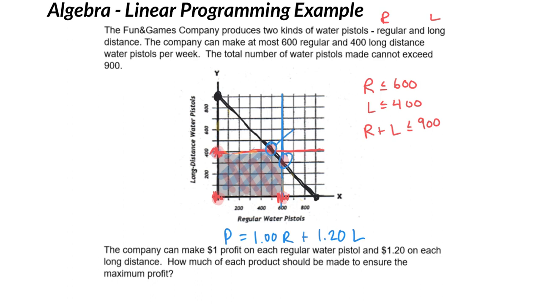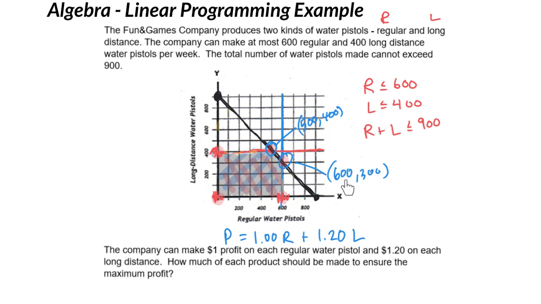This one where we made 400 long distance, so we made 500 regular, so 500 comma 400. And this one right here where we made 600 regular and therefore made 300 long distance. Now, both of these things added up to 900 items.